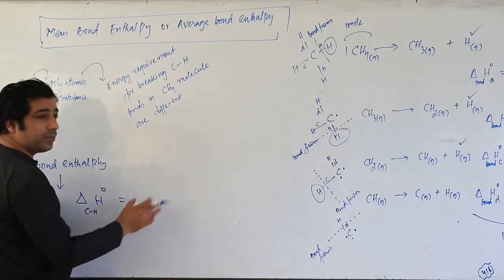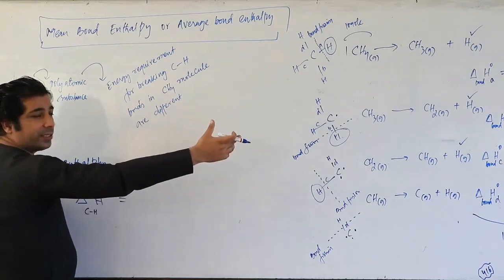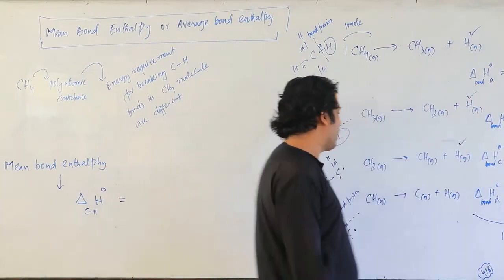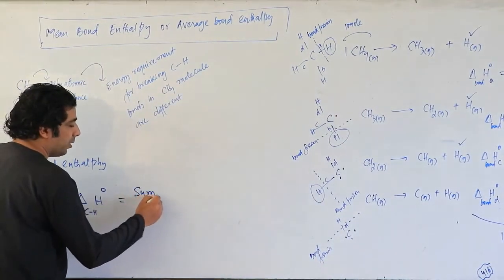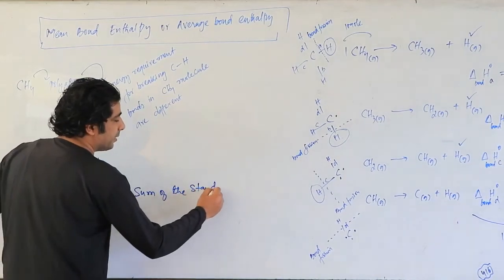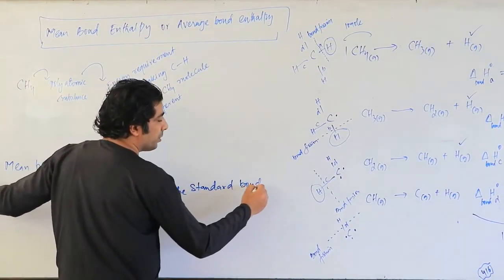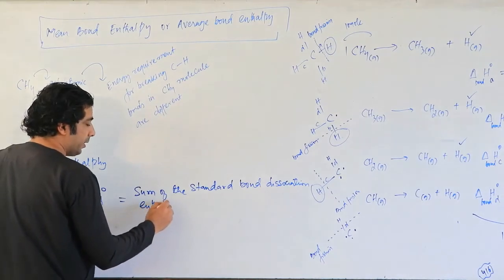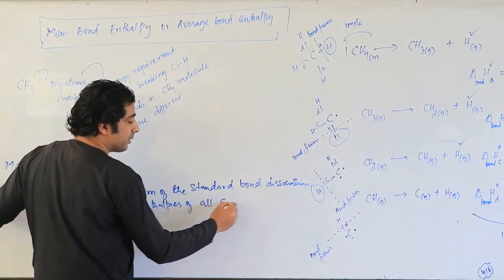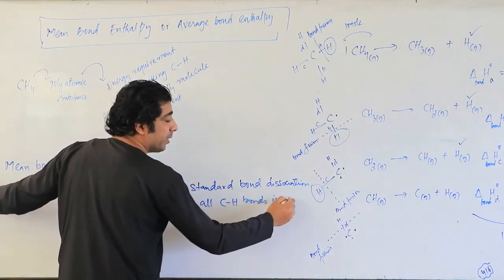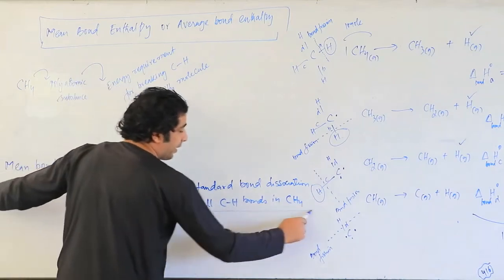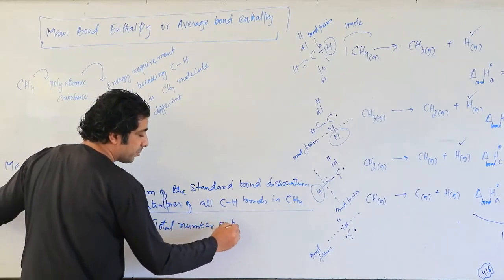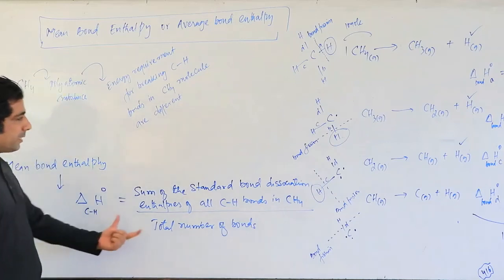It will be equal to the sum of the standard bond dissociation enthalpies of all the C-H bonds, or 4 C-H bonds, in methane, divided by the total number of bonds. Okay, so this is our expression, my dear friends.